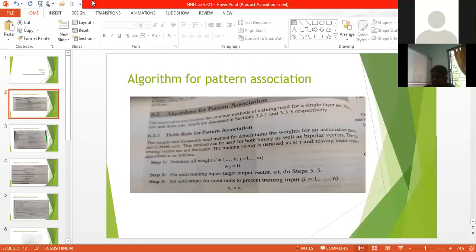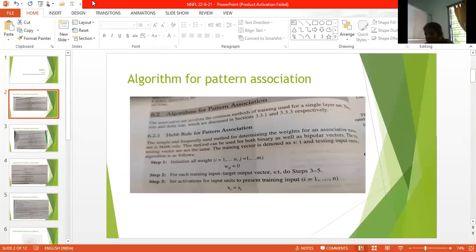Associative neural networks are single layers, but their weights are determined to store a set of pattern associations.